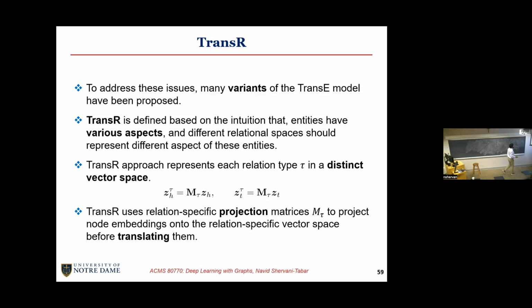So I have node embedding ZH, I have node embedding ZT, and I learn this projection matrix M tau, which is specific to this edge type, right? So I'm using that matrix M to project ZH and ZT into the relationship-specific vector space for each relation, and then in that particular relation-specific vector space, I do the translation.